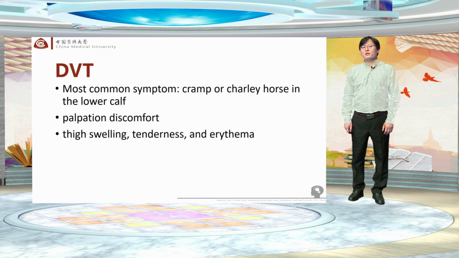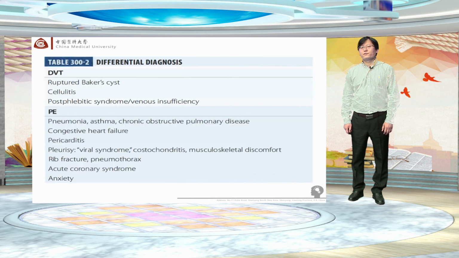And about DVT, the most common symptom for DVT is cramp or charley horse in the lower calf. And most patients have palpation discomfort. Thigh swelling, tenderness and erythema are also quite common.